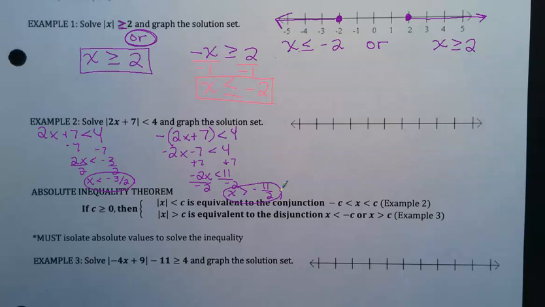Okay, so let's put some numbers on our graph here because I don't have any. So let's see, 3 halves, -3 halves, -11 halves. Okay, so let's have 0 here. And then we could do 1, -1, -2, -3.